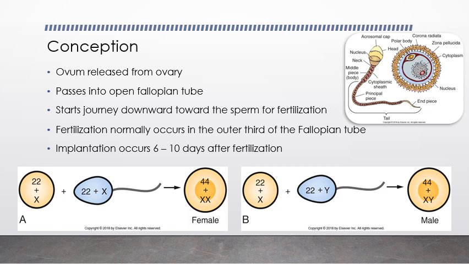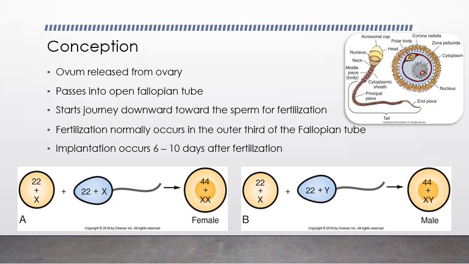At the same time, the sperm enter into the cervix and head toward the ovum. Fertilization usually occurs in the outer third of the fallopian tube, and then that zygote, that fertilized ovum, moves toward the uterine cavity, with implantation occurring about 6 to 10 days after fertilization.